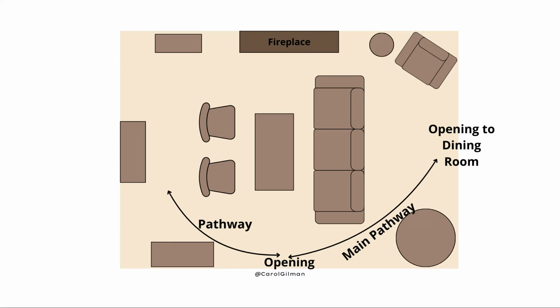I would even call those just kind of main pathways where we really need to leave those open and clear as possible because they really are these main areas where we have the main traffic, we could call it, of the room.